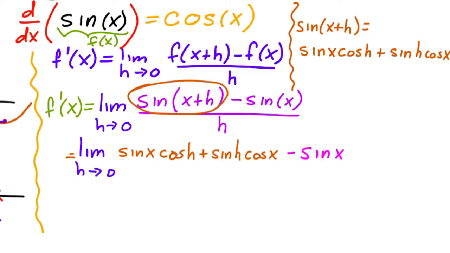Okay, and so then you kind of look at this and you go, well, you can't factor anything. And actually, I forgot something. I need to put all of this over h.